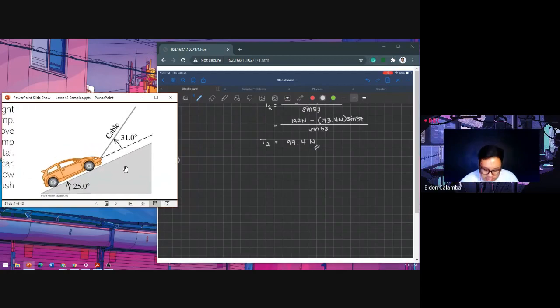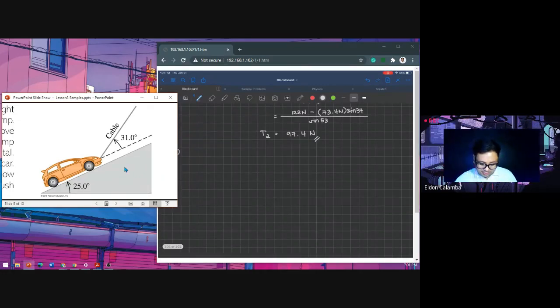So let's start. By the way, I will not record with my other setup, so let's go back to the regular programming of my camera. Let's have letter A. We have to draw the free body diagram. Lucky for us, we only have one object in this system, and that is the car. So FBD of the car.